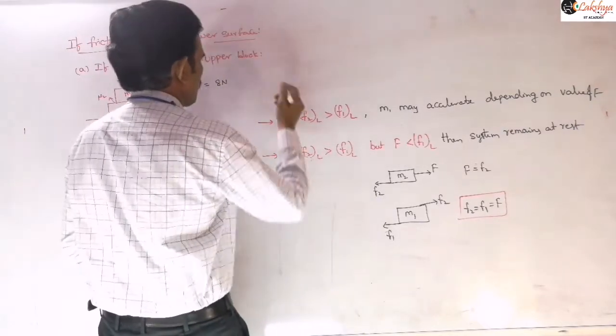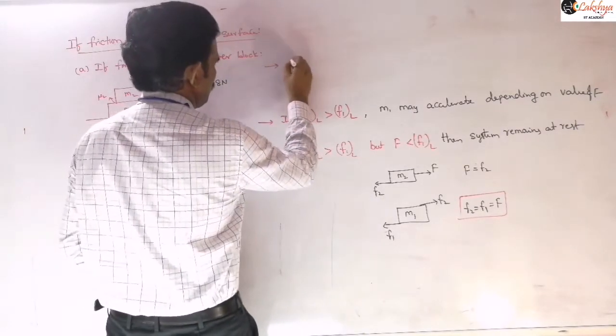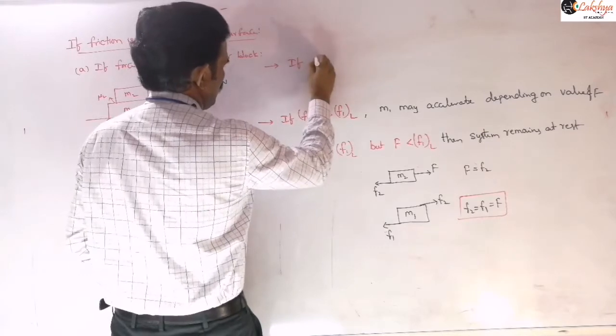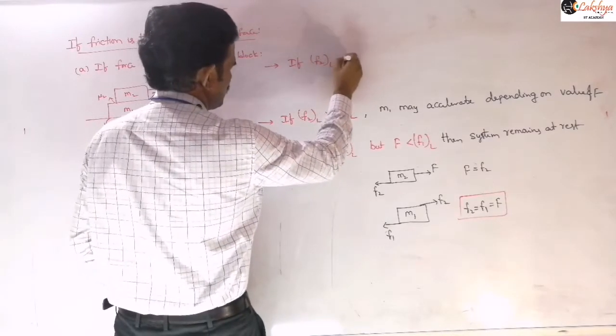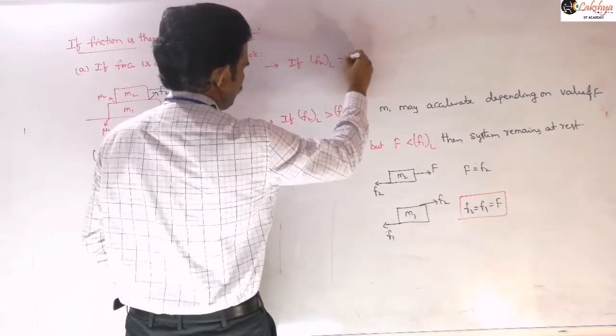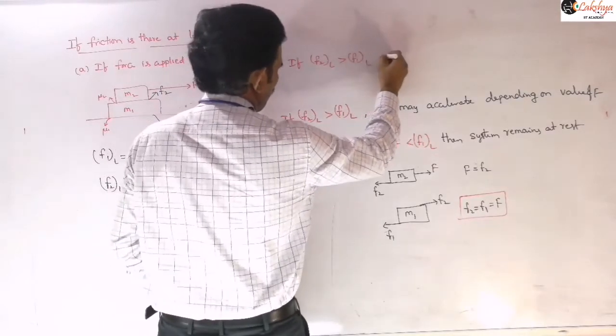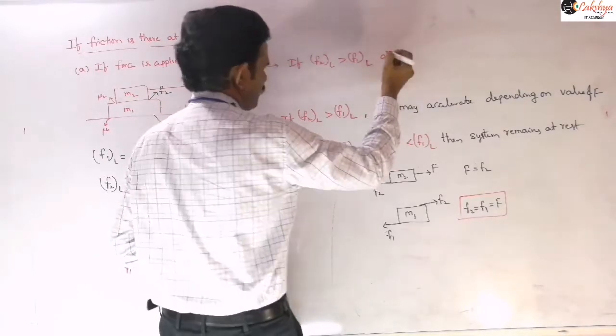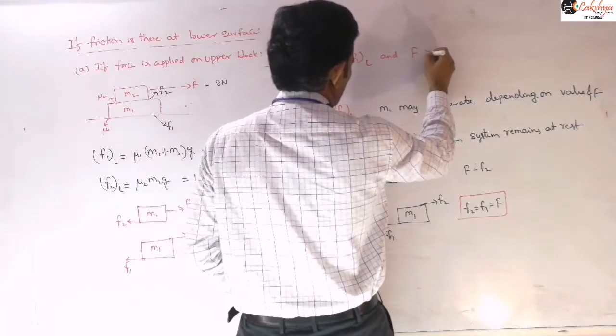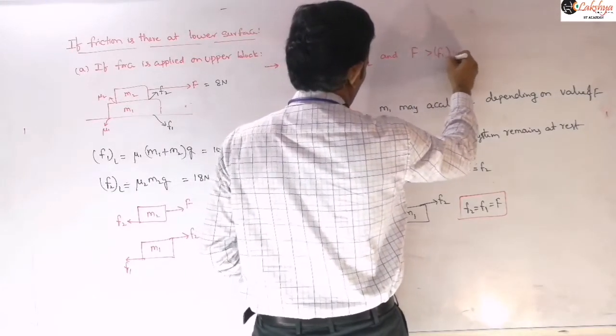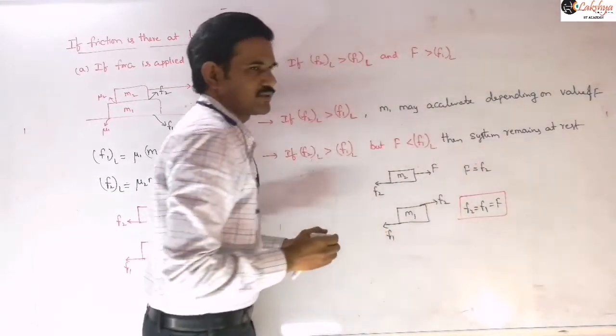So now, if F2 limiting is greater than F1 limiting and the applied force is greater than F1 limiting, right?